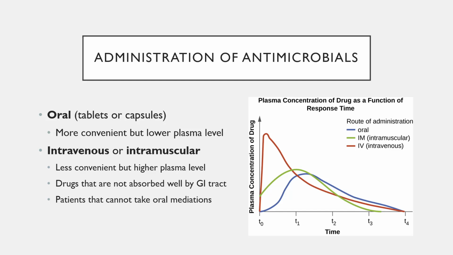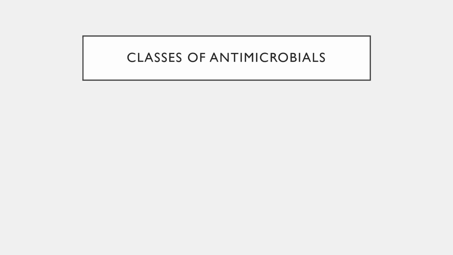So now that we've covered some of the basics of antimicrobials, we are going to look at a few different classes of antimicrobials based upon what type of microbes they are designed to target. Because each type of pathogenic microscopic organism has its own class of drugs that is dedicated to targeting it.